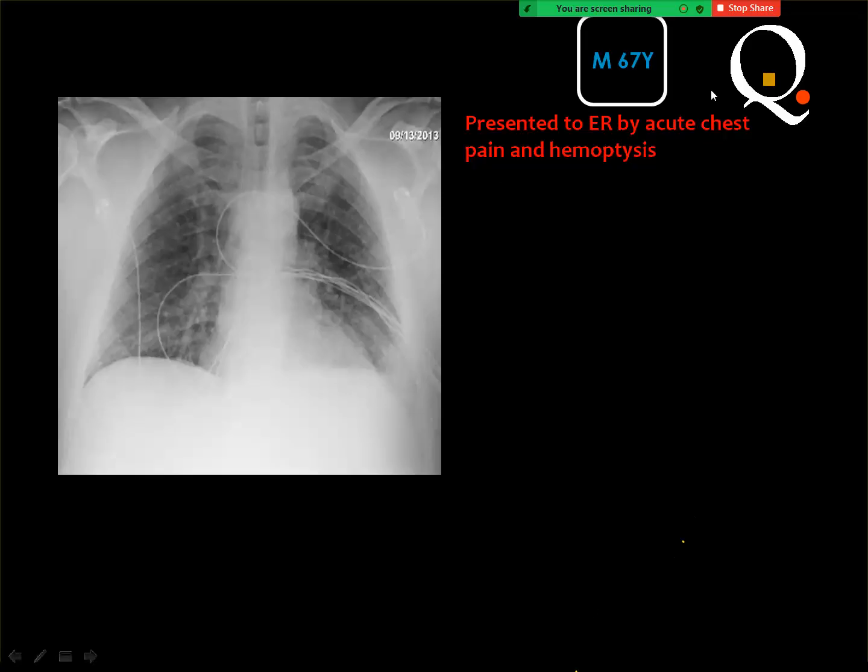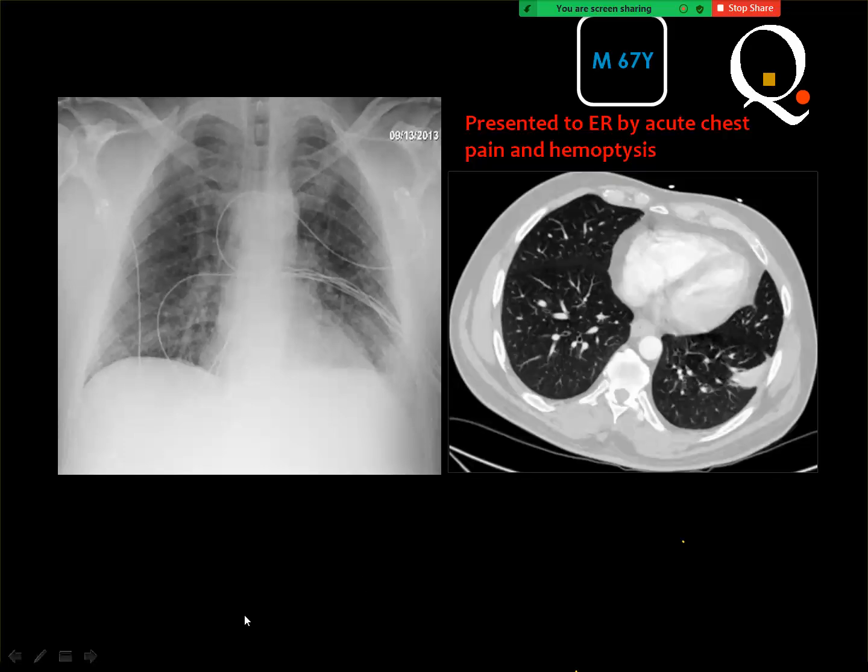Then this male patient, 67 years old, presented with acute chest pain and hemoptysis. This is the plain film of the patient, and this is the CT scan where you got some opacity here in the left lower lobe.